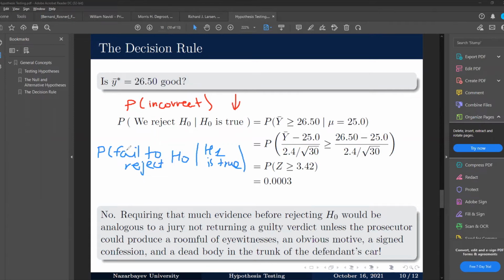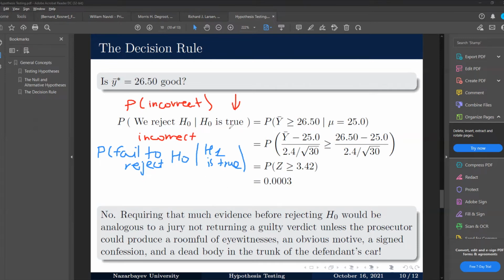This probability here, the probability of failing to reject H naught when in fact the alternative hypothesis is true, this event also defines an incorrect decision. And this probability being low is also good.